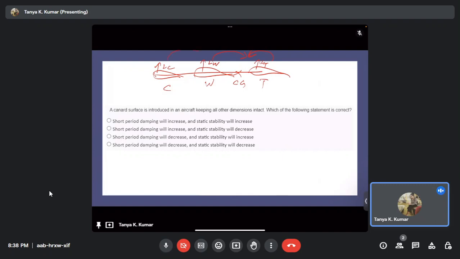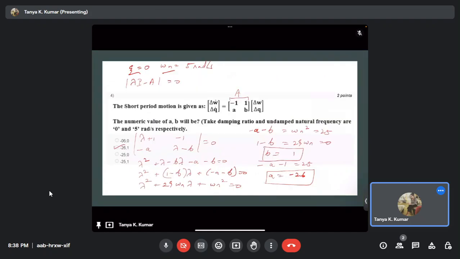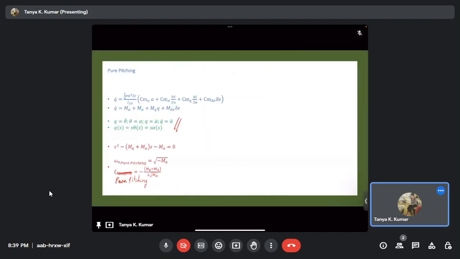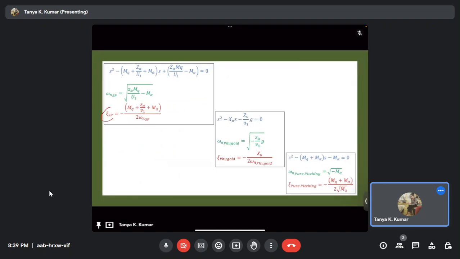So static stability will decrease. What about short period damping? Will it increase or decrease? Again, look at the equations. Look at the equation for short period damping and tell me if this increases or decreases with the introduction of a canard surface.